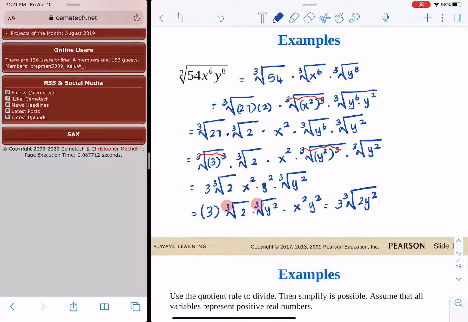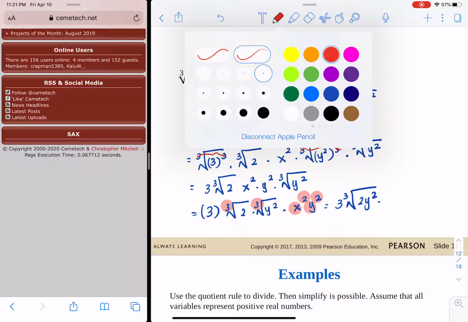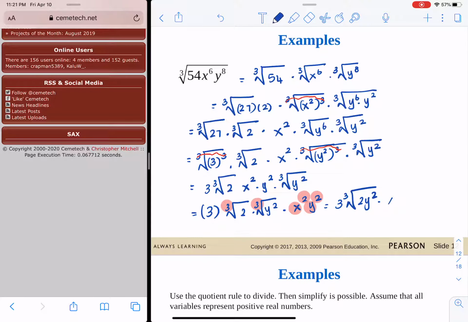That's the product rule. And since I have different bases, identical powers, I could put them under the same power. So I have x, y raised, xy raised to 2.